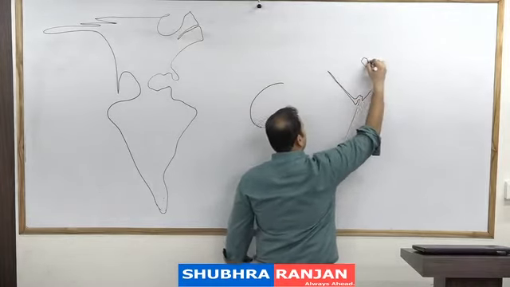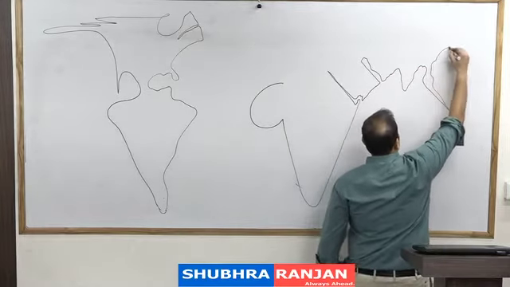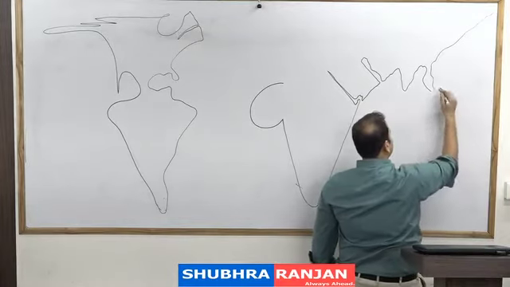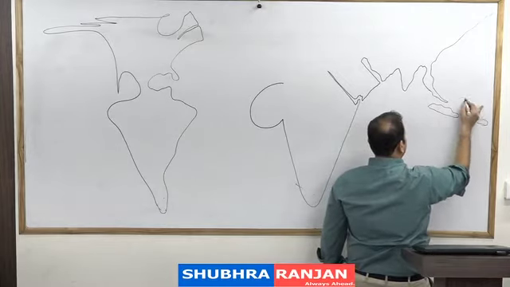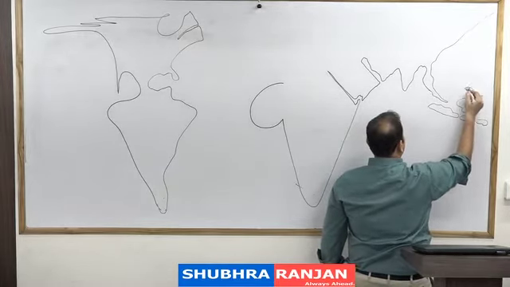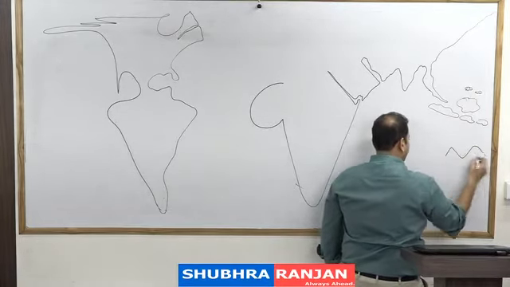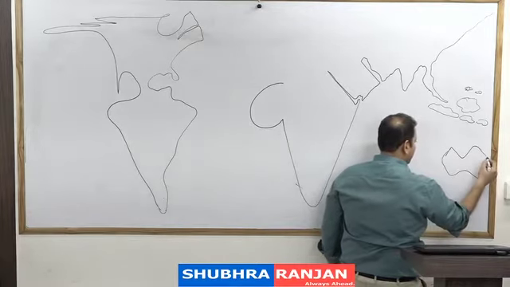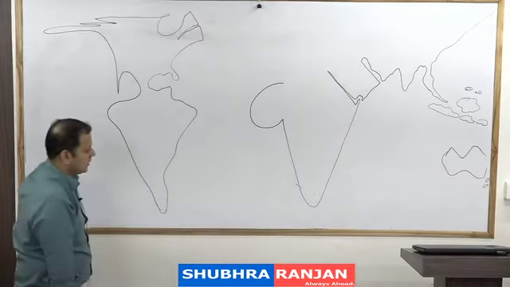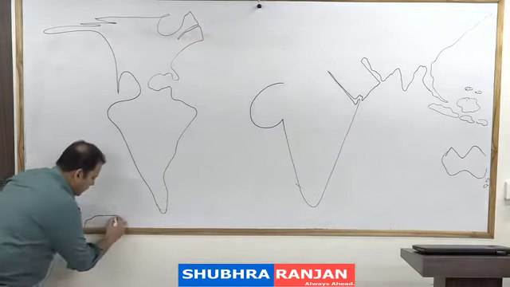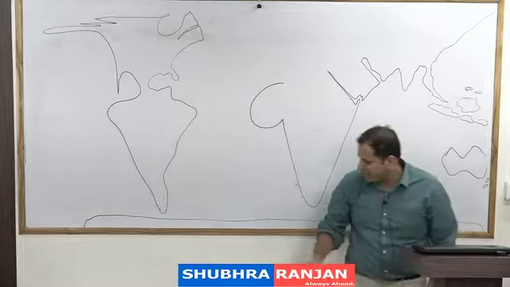After Africa we have Asia, and after Asia we have, in this region, the board was too small for me, so this is Australia, and after Australia we have New Zealand. Australia and New Zealand is this region. And then we have one part which is known as Antarctica. So this part of the world is known as Antarctica, which is at the base.